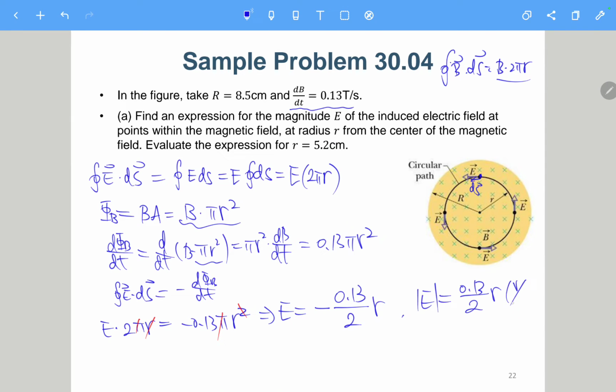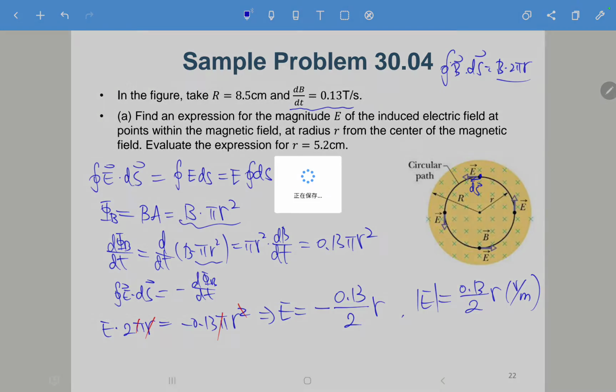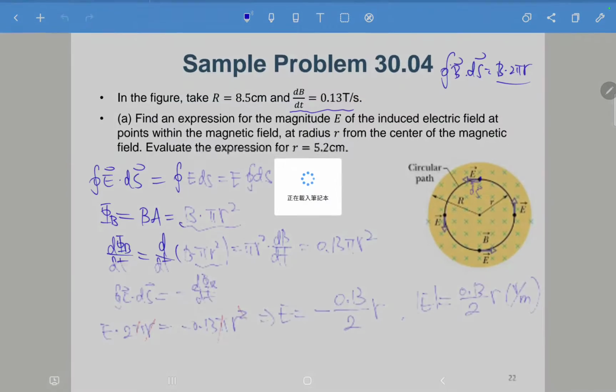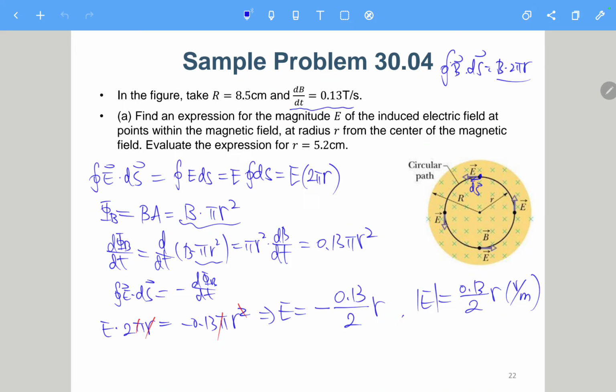This is in volts per meter. So this is an EMF. This is E, the E field, the induced E field.